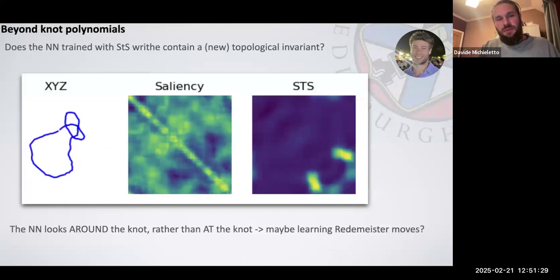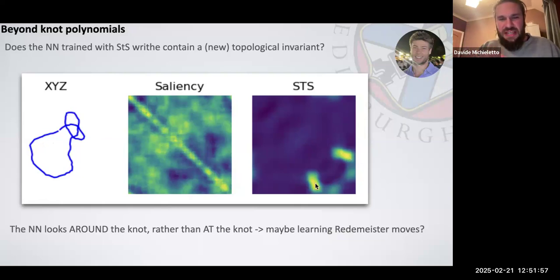And what is different, we think, is what the network is looking at. So let me talk through this plot. Sorry that it is so pixelated, it's really from this week. This is an XY, the coordinates of a trefoil knot. The knot is all clustered here. This is clearly unknotted. If you look at the STS matrix, you see some kind of high point of entanglements down here.